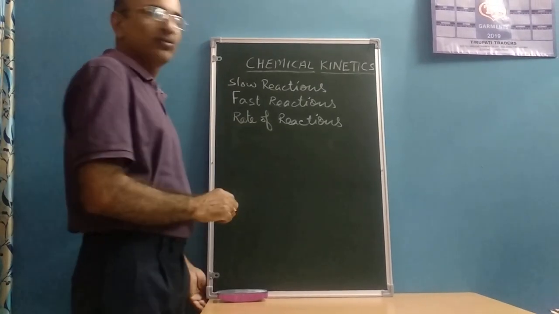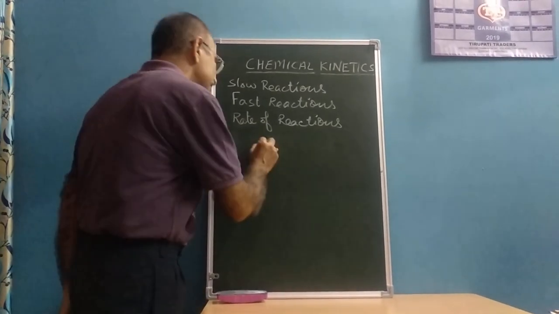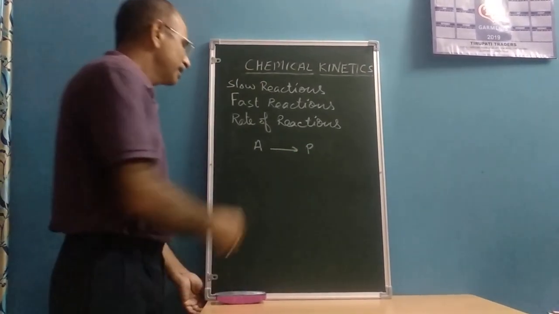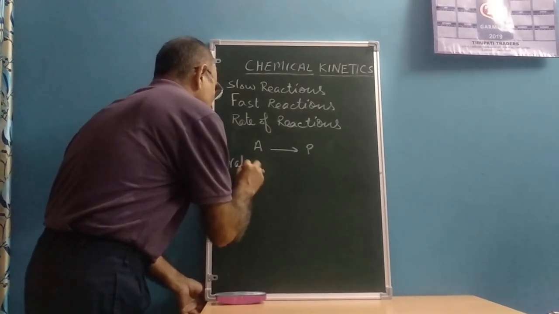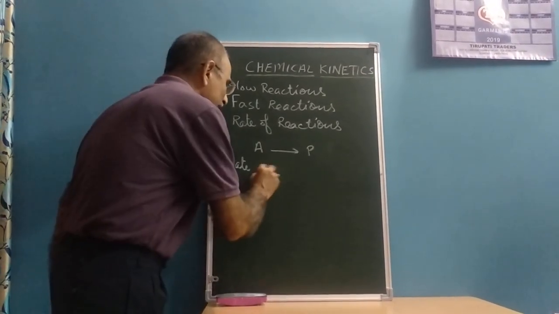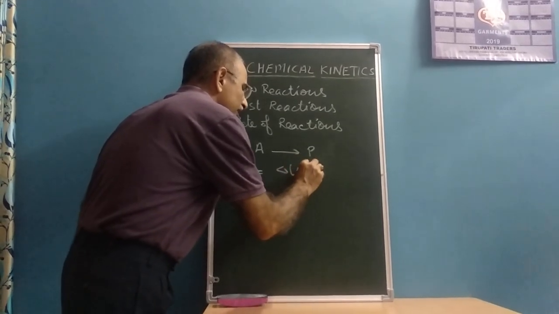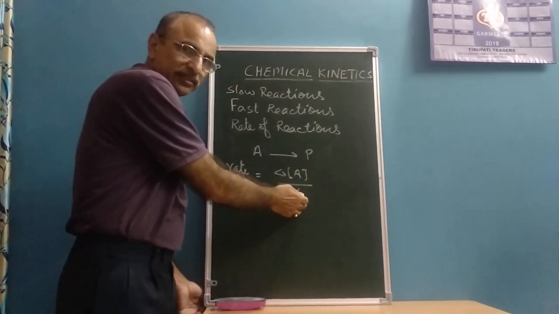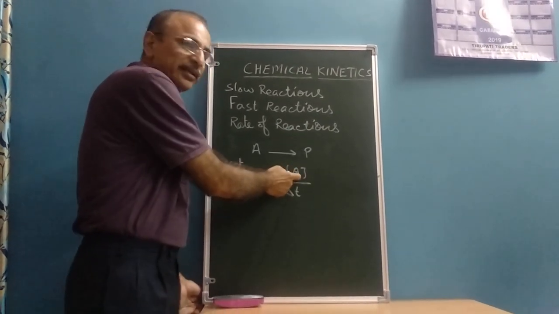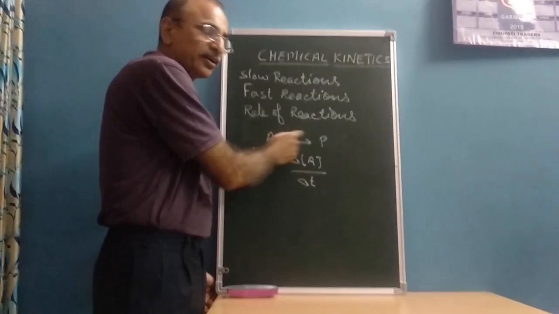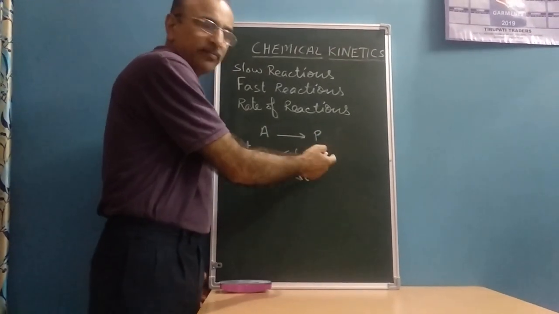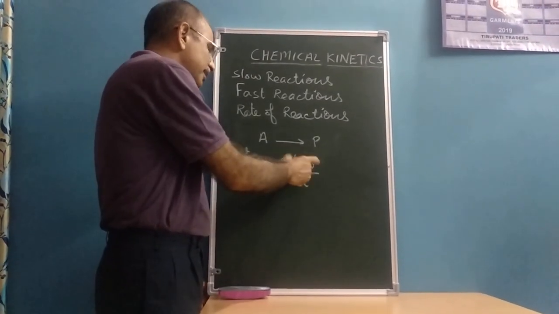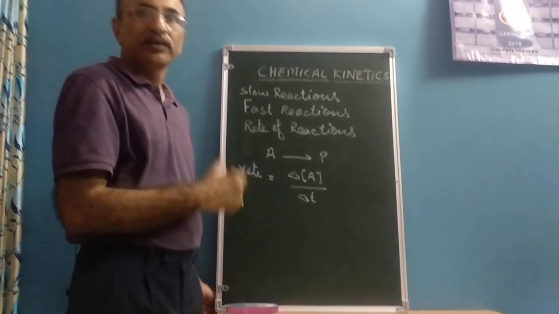Whenever we consider rate of reaction, let's consider a reactant A converting into product P. Then rate of reaction can be defined as the amount of reactant A consumed in a time interval delta T. If delta A is the amount of reactant A consumed and delta T is the time taken, then there is no need to put a negative sign because delta A is already the amount of reactant A consumed.